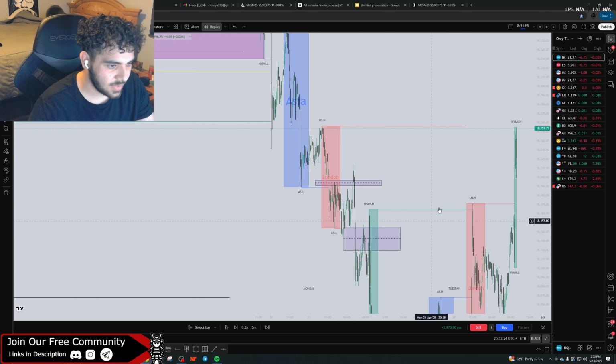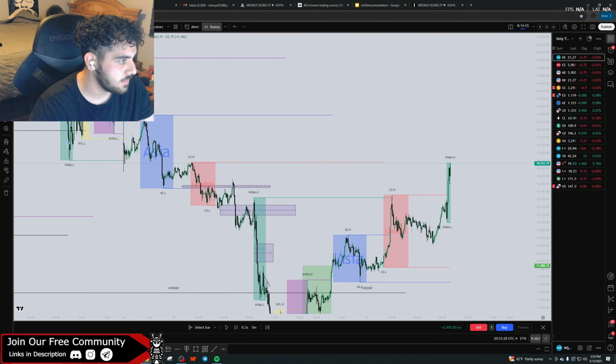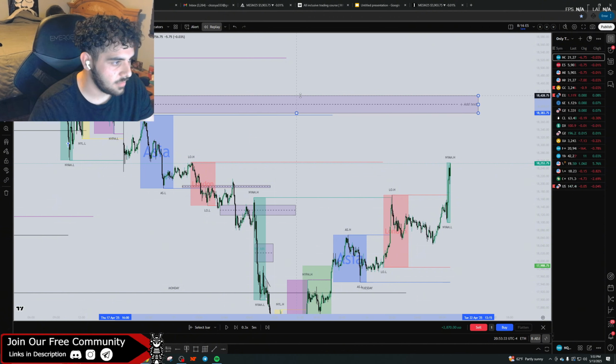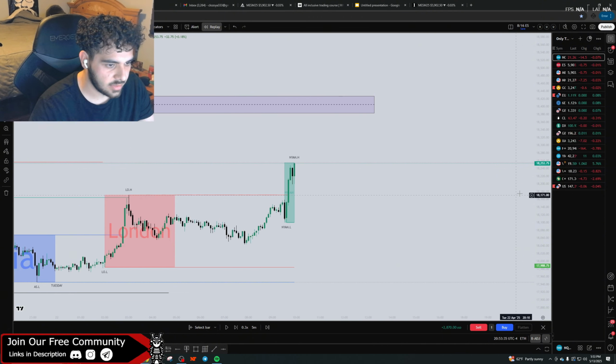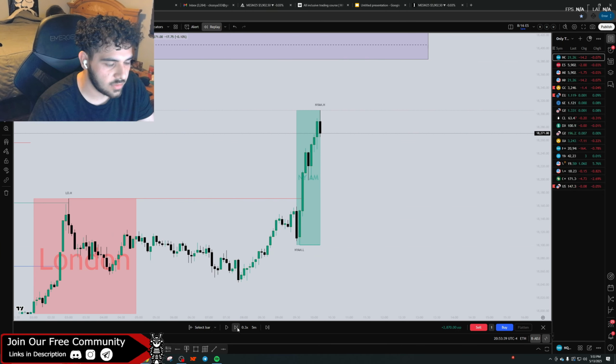Okay, so price is already pushing up to some of these targets on the buy side. Right here, that would probably be my main target. That daily new day opening gap. Let's see if there's any other opportunities in here.